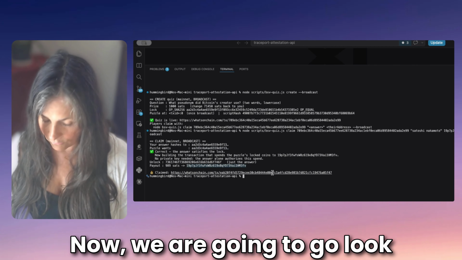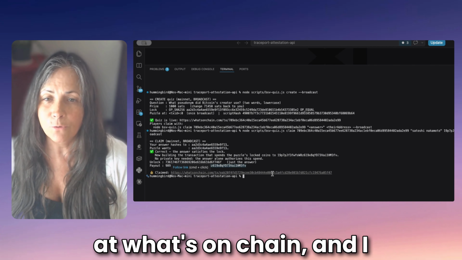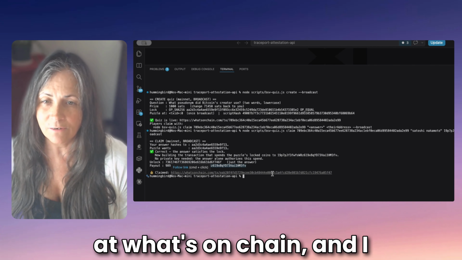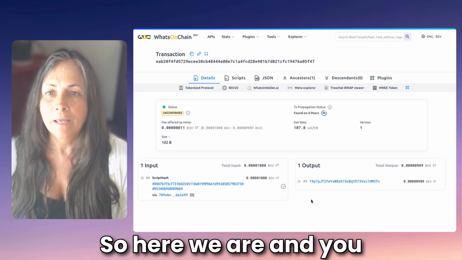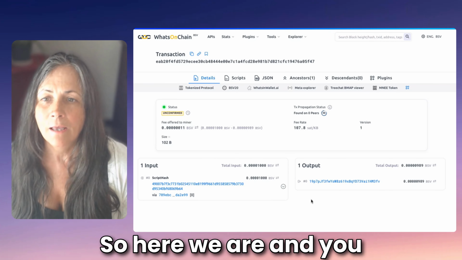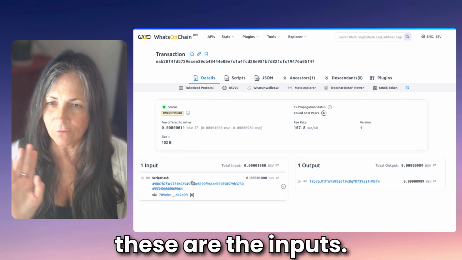Now we are going to go look at what's on chain, and I can show you both sides of the transaction. So here we are, and you can see it's unconfirmed. And this is the second transaction, okay? We'll show you the first one in a second. So on the left here, these are the inputs.